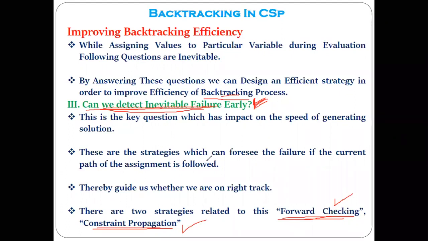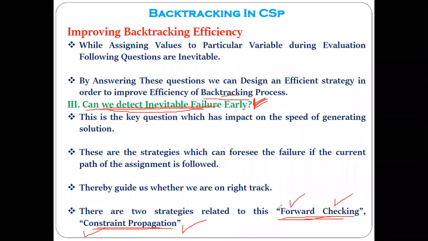So if you ask these three questions, the answers are these five techniques I just told you. First the most constrained variable, second the most constraining variable, third the least constraining value, fourth forward checking, and last constraint propagation.